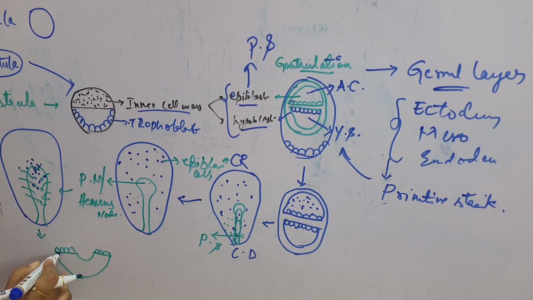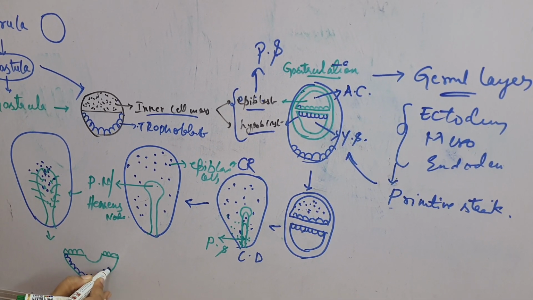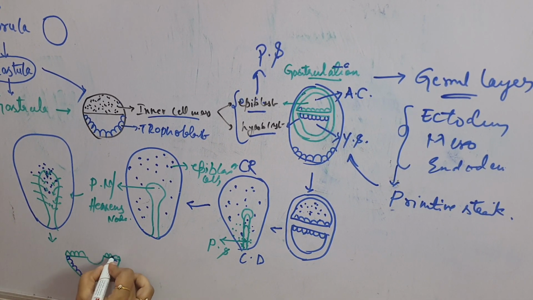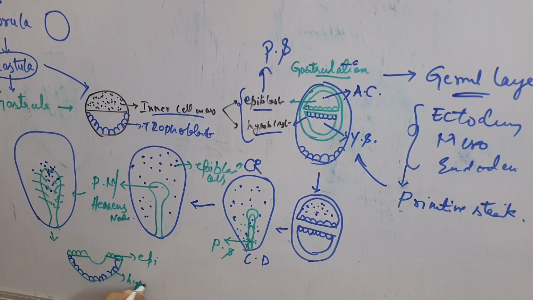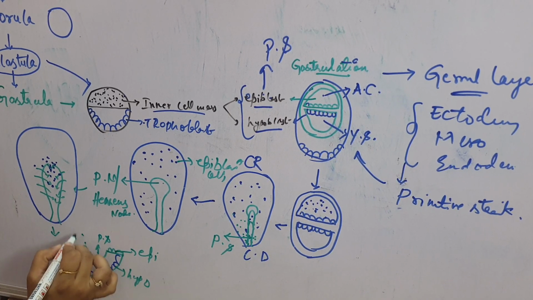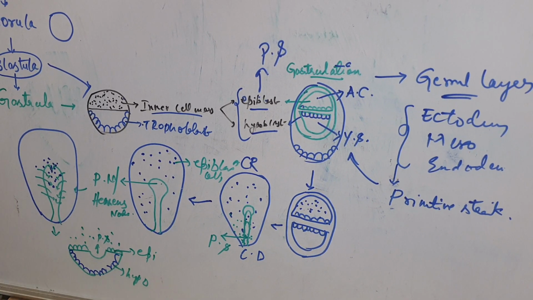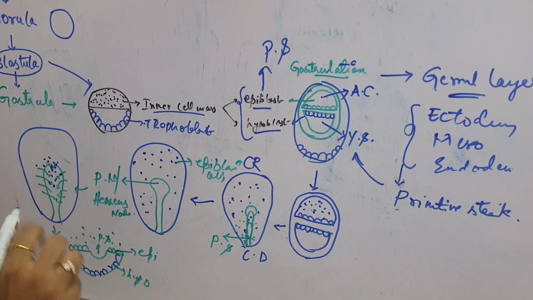Understood? So this is your epiblast, this is your hypoblast, and this is your primitive streak, all surrounded by what cells? Epiblast cells. So what we have told, slowly these epiblast cells are invaginating.